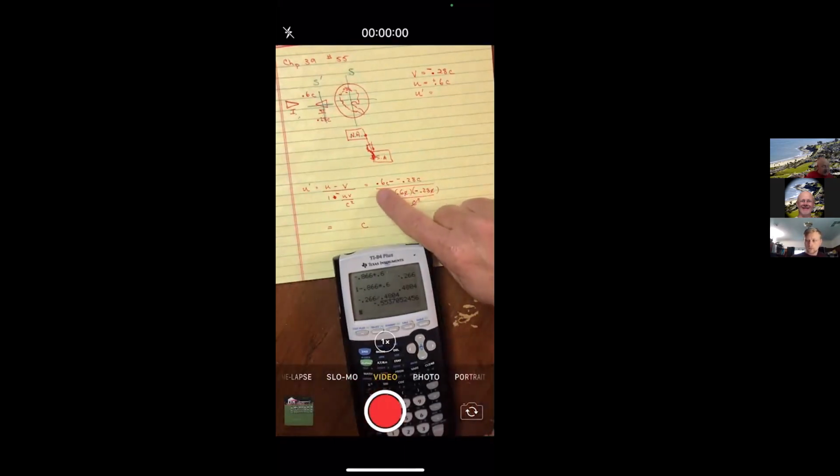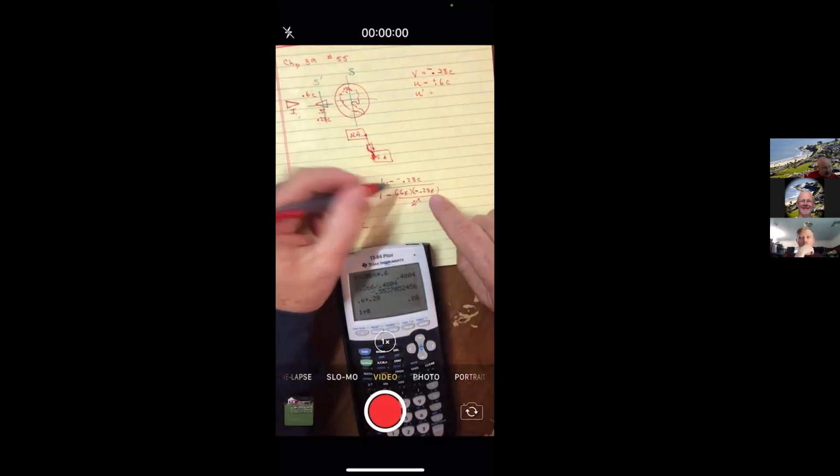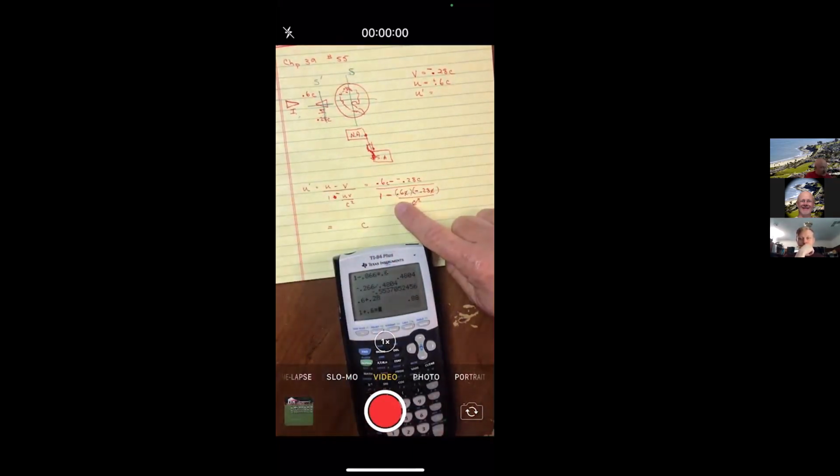So if I do the numerator, 0.6 and the two negatives make a plus 0.28. So the numerator is 0.88. Now the denominator would be 1, and you can kind of see the two negatives are going to make a positive. It would be 0.6 times 0.28. So there's the denominator.